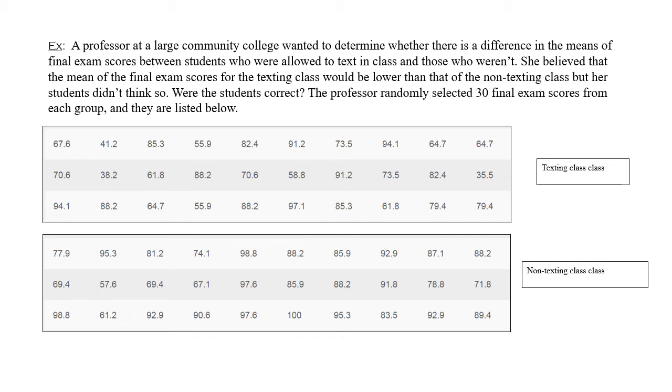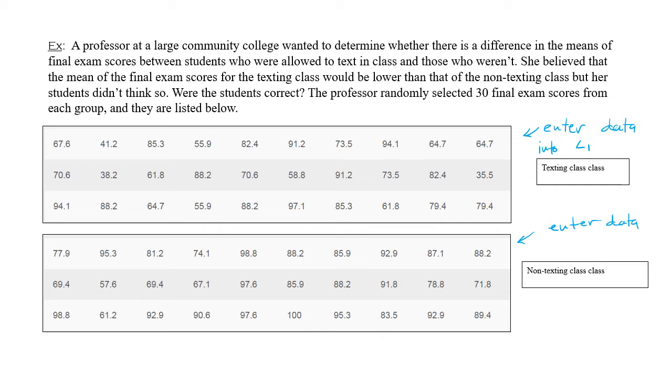So before I continue to the next slide, what I want to do is enter all the data here into a list. So here we'll enter this data into one of our lists, let's say L1, and we'll enter this data into another list, say L2.